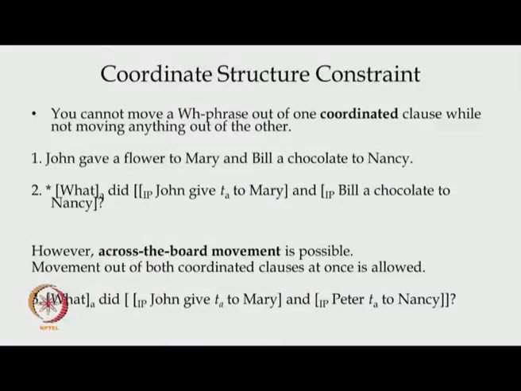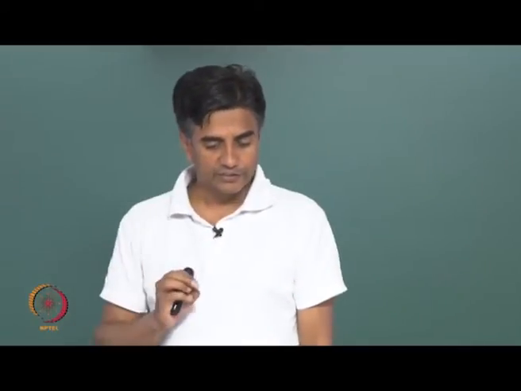Let's look at the second one. Next one. This is the coordinate structure constraint. That is, we cannot move out of a coordinated clause. Okay? So, what do we mean by coordinated clause? Let's look at this first example.